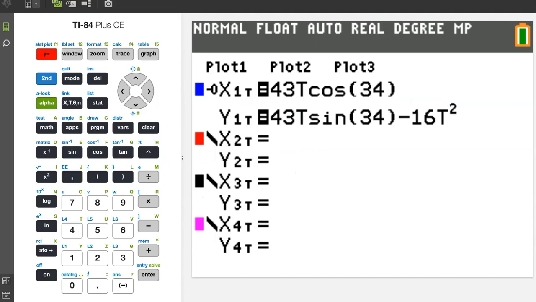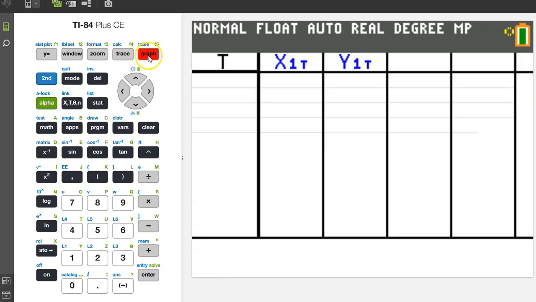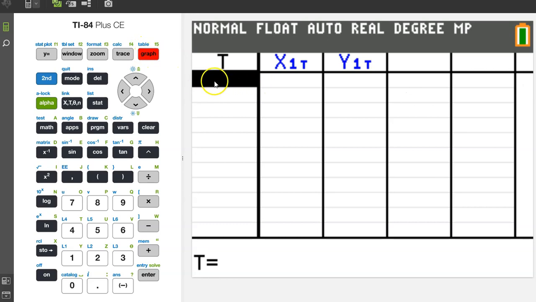Since we've already typed this into the calculator, we could use this to evaluate y at t. But we need to change one setting first. Hit second window for the table setup menu. I'd like you to come down to where it says independent and auto, and switch it to ask. If you do this, now you can hit second graph for the table menu, and it's just waiting for you to type in a value for t, and it will automatically evaluate x at t and y at t.